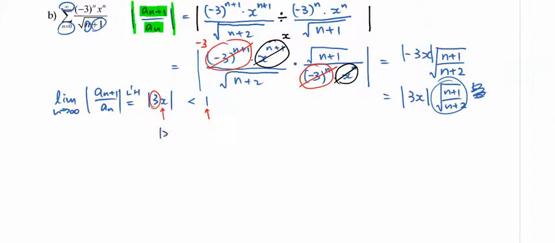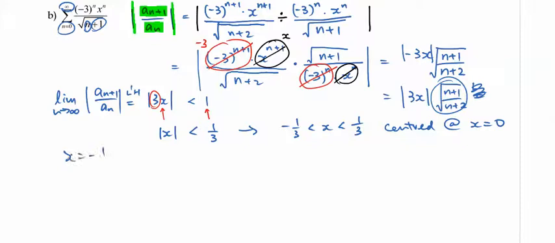So with absolute value of x less than 1/3 for the radius of convergence, the interval of convergence will be anywhere between negative 1/3 to positive 1/3, centered at 0. Once again, don't forget to check for the endpoint.